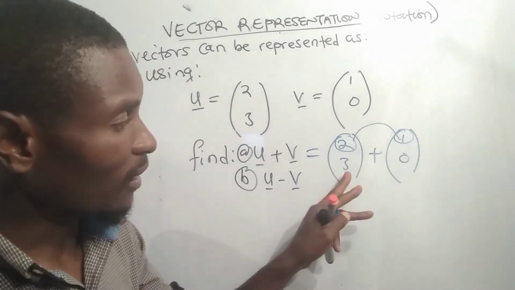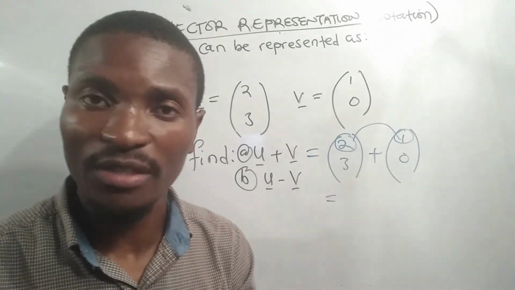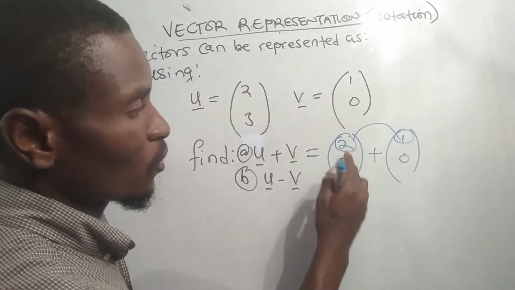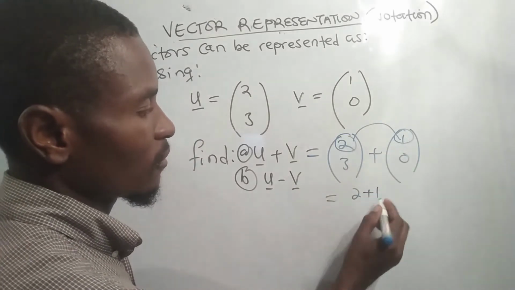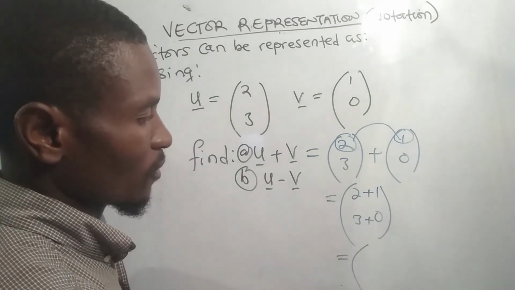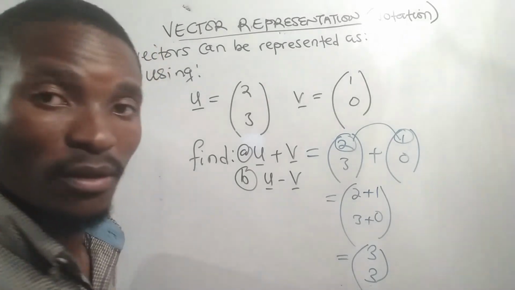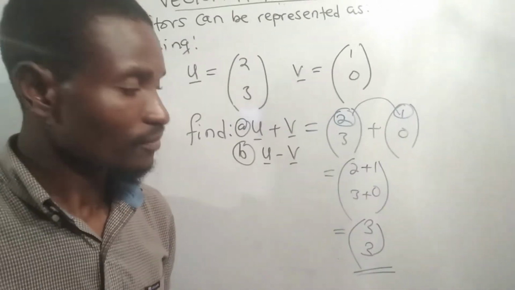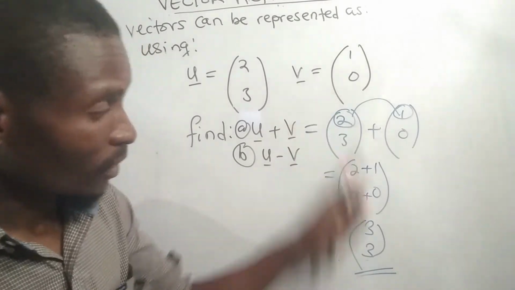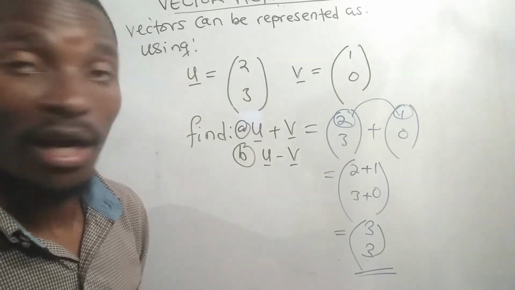And this is a vertical movement and that is also a vertical movement, so we can put them together. So that is 2 plus that, and we have 3. So this is the answer, and that is how we can add component vectors.